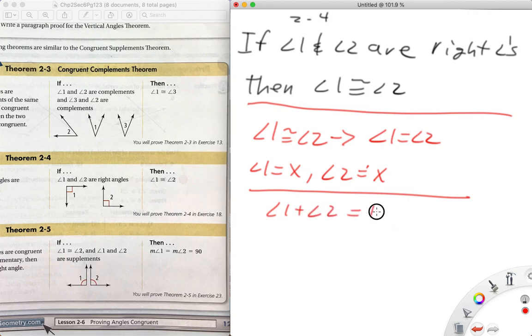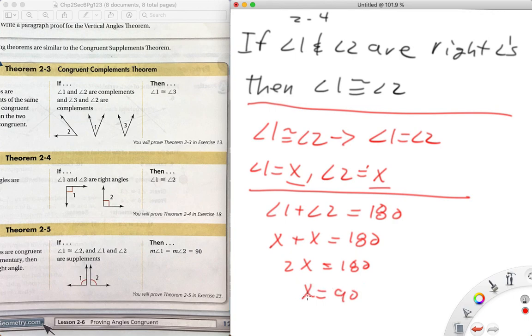Having said that, we can say that angle 1 plus angle 2 is equal to 180 because they're supplements, which is given. I'm going to substitute angles 1 and 2 with x because they're equal to x. So x plus x equals 180. Add these together, I get 2x equals 180. Divide by 2 and I get x equals 90.